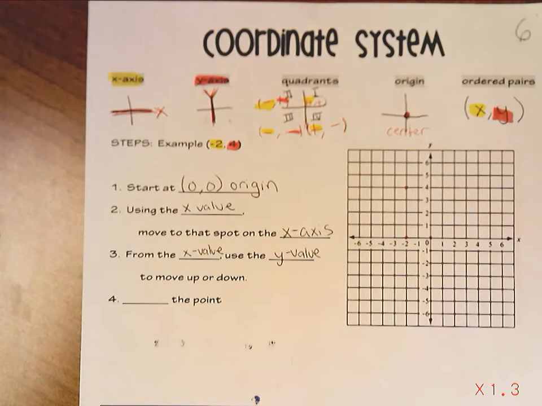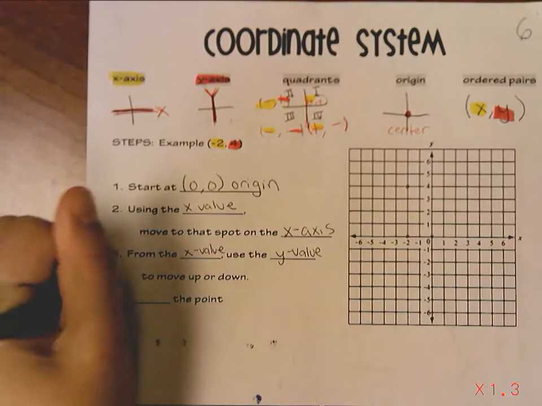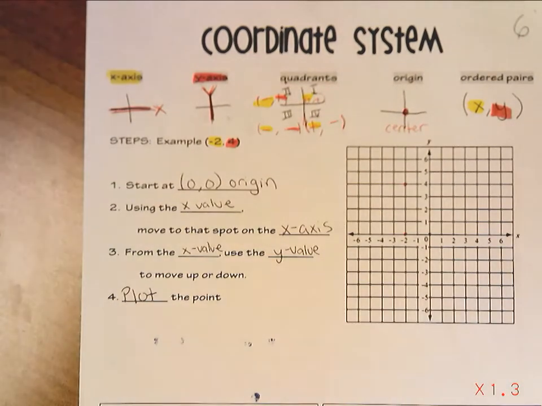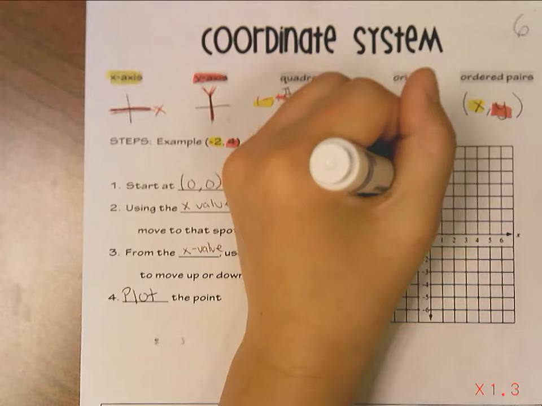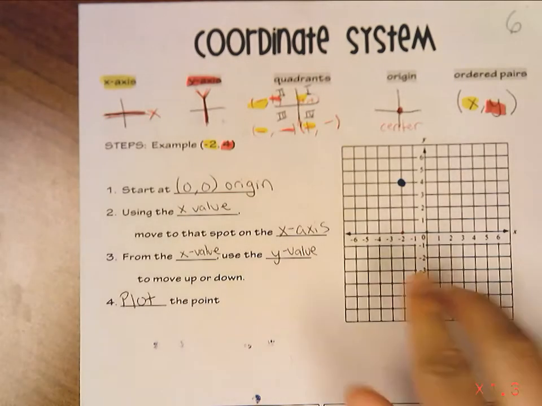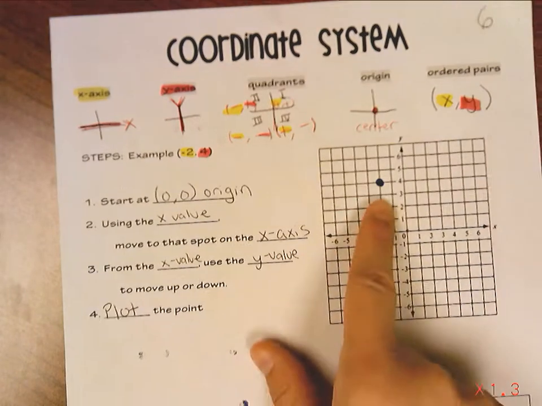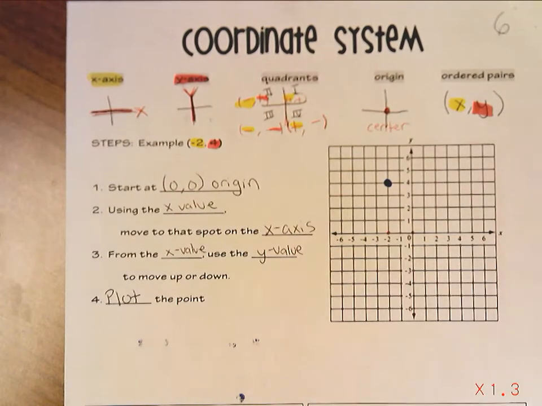And then the last step is to plot the point. And you can plot the point just by making that bold dot. Make sure that these dots don't show up. See how mine are super tiny and then this one's super noticeable? That's how it should look on yours.